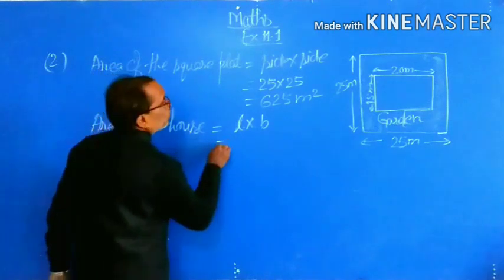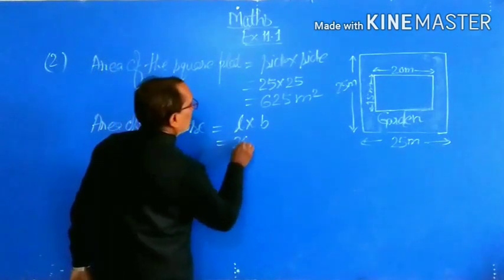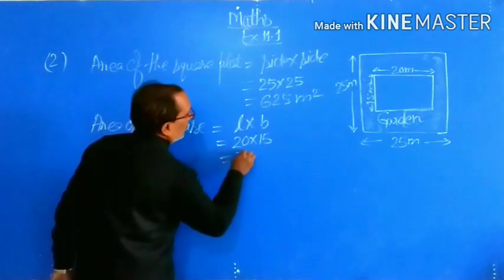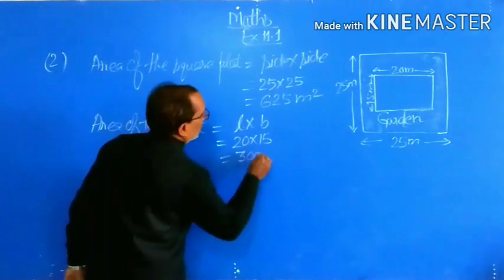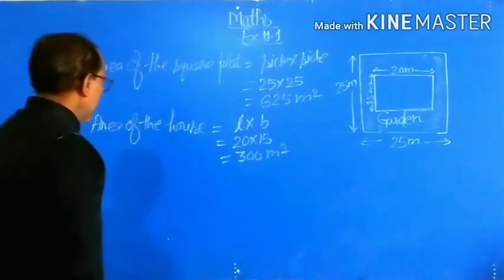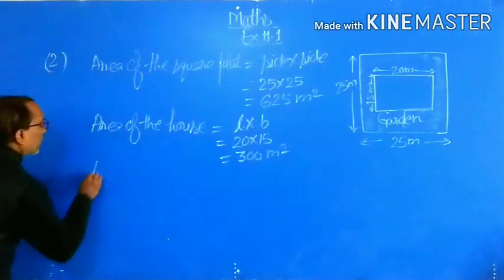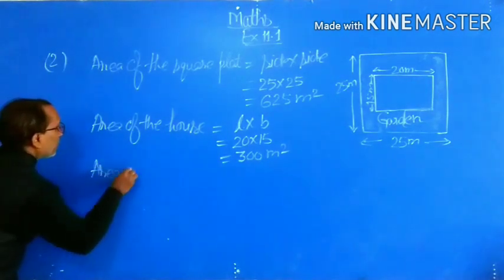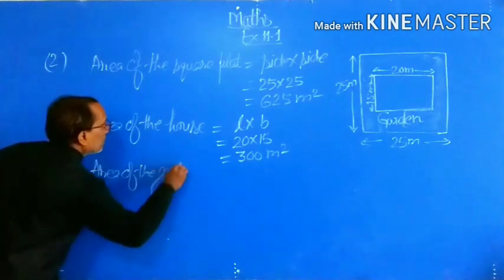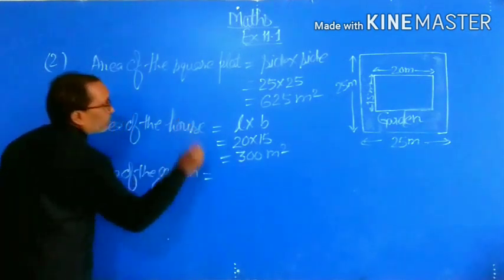That is equal to 20 into 50. That is 300 meter square.